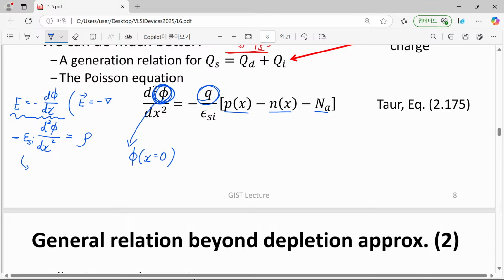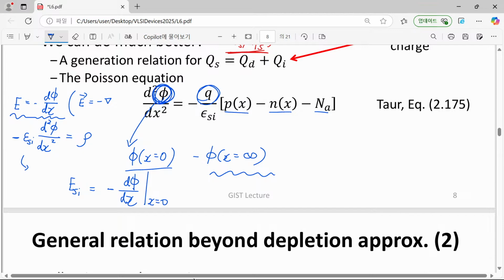Phi equal to phi at x equal to 0, the surface potential. Of course, once we know it, then by taking x equal to minus infinity, which is a known number, we can calculate phi s. And another one we want to calculate is d phi over dx evaluated at x equal to 0. This corresponds to the surface electric field. If we add a minus sign here, then this is the electric field at the silicon surface.